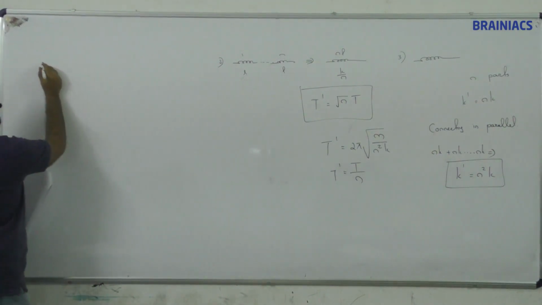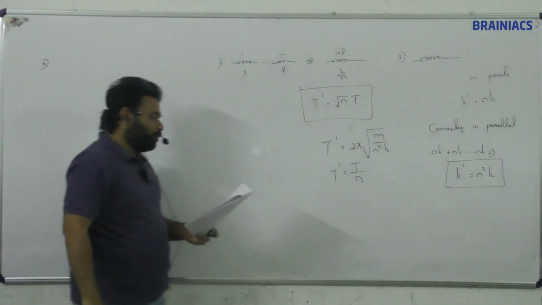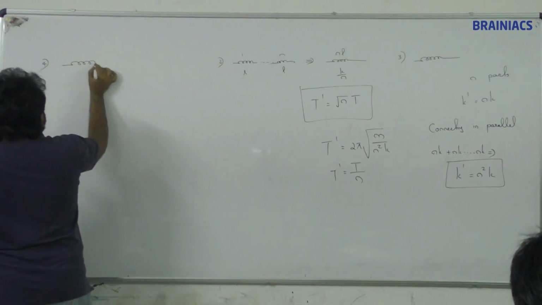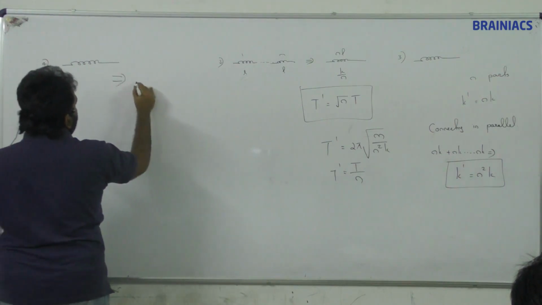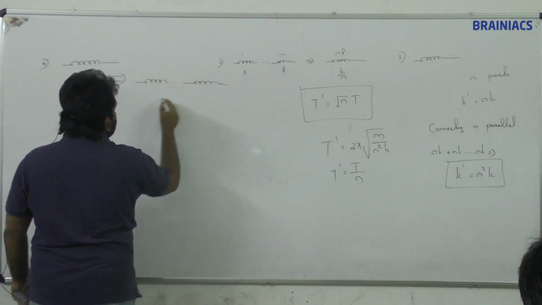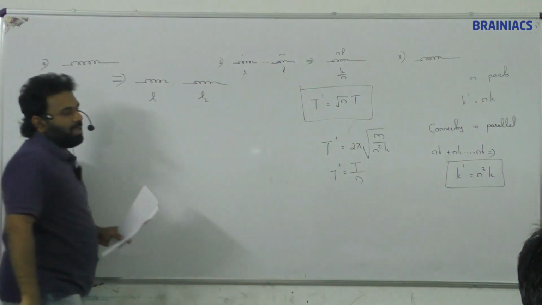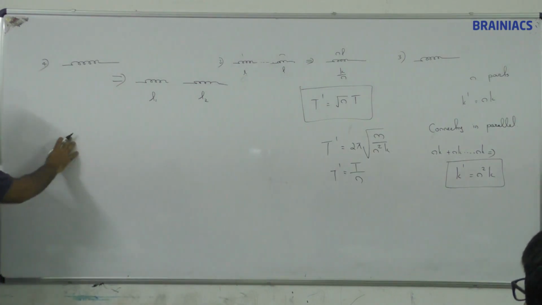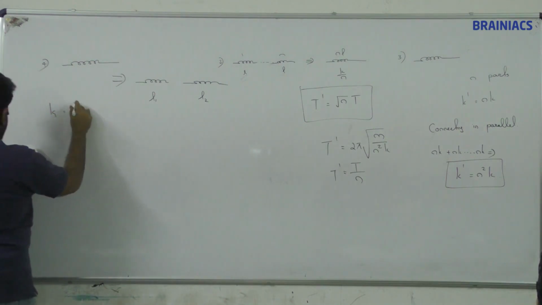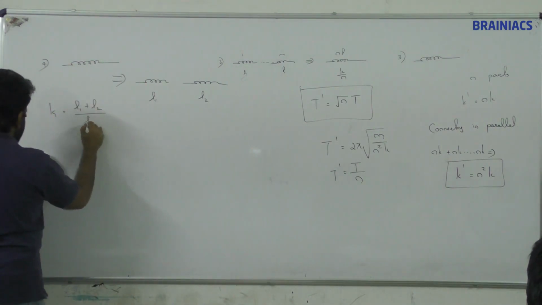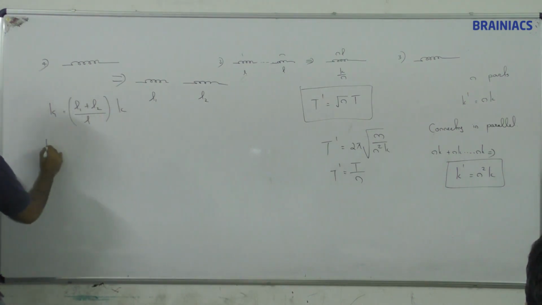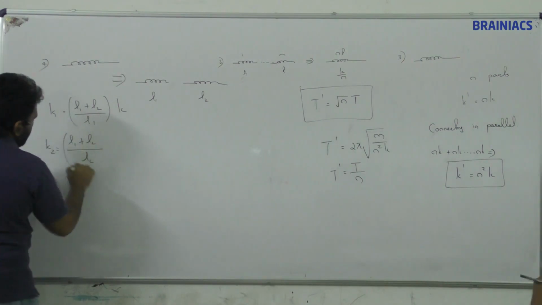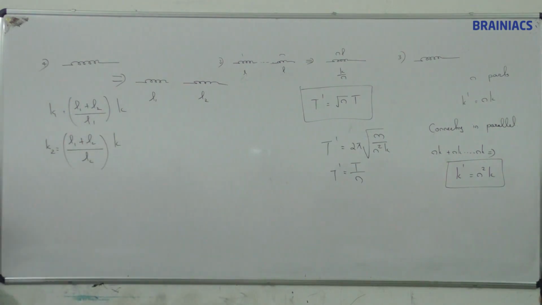If we cut the spring into 2 pieces of lengths in the ratio L1 is to L2, so here the length is L1, here the length is L2, then the spring constants of these two are K1 is equal to (L1 plus L2) divided by L1 into K, and K2 is equal to (L1 plus L2) divided by L2 into K. You may have better methods also.